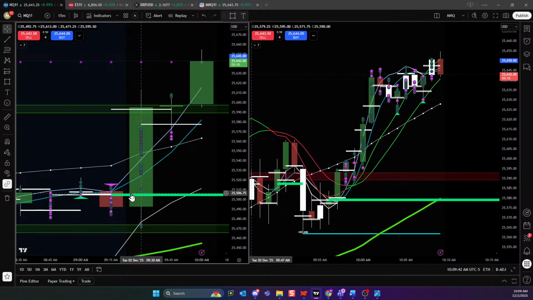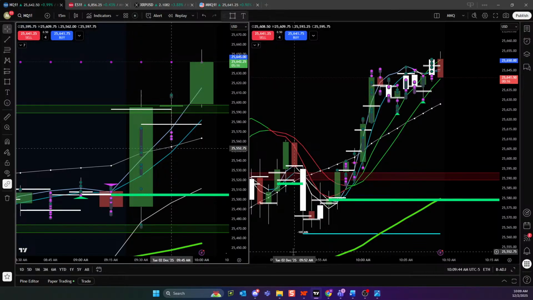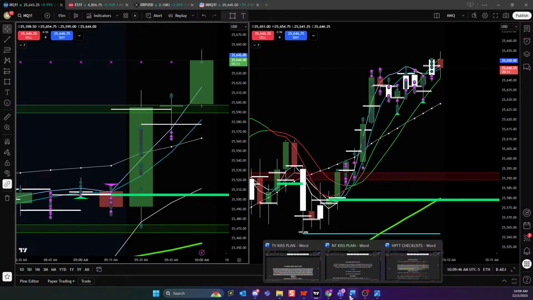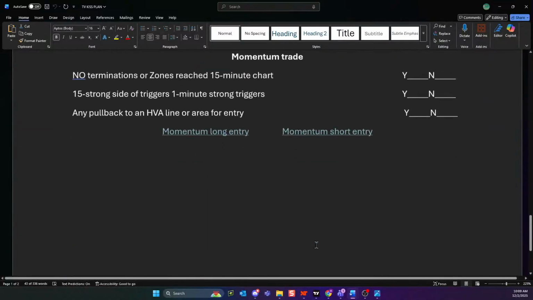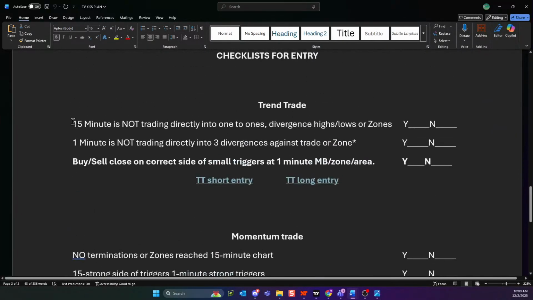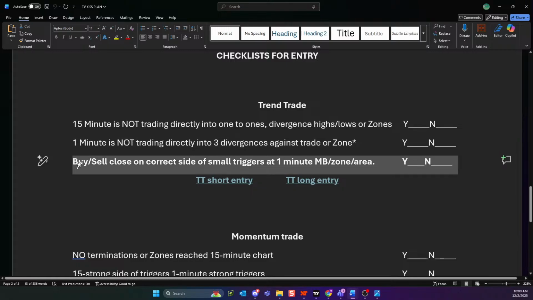So this is where plans change, right? The KISS plan is super black and white. If then. If the 15 minutes not trading directly into something, if the 1 minute's not trading directly into something, buy or sell a close. That's the KISS plan.